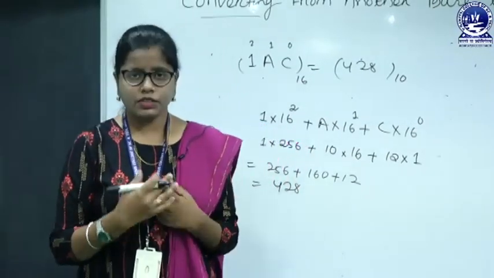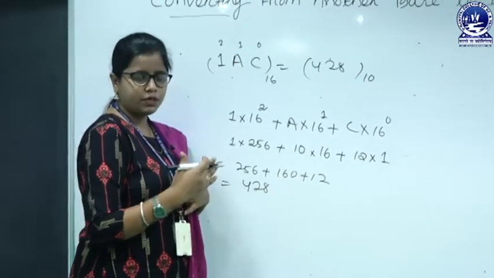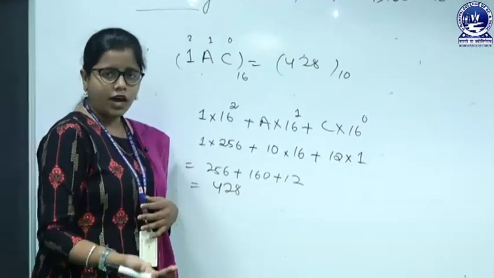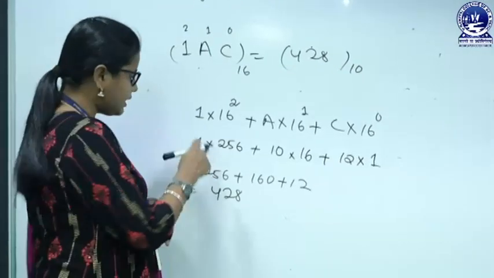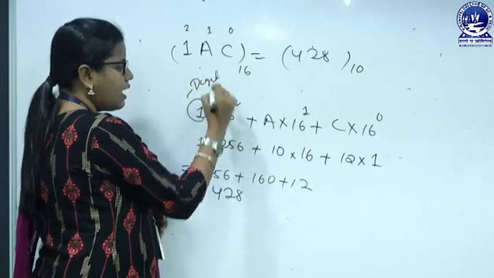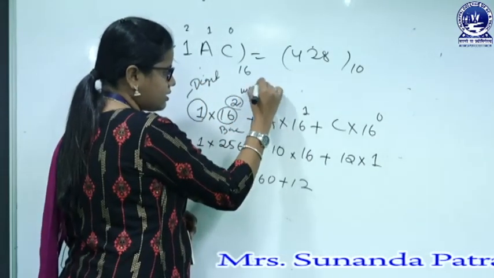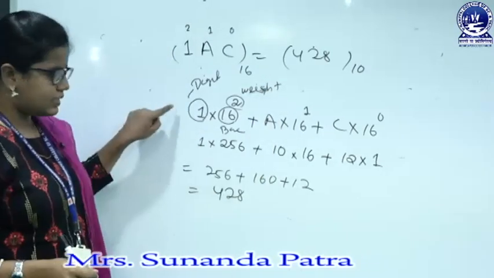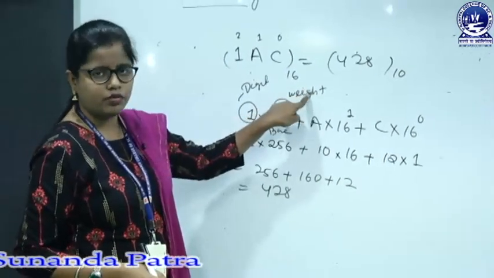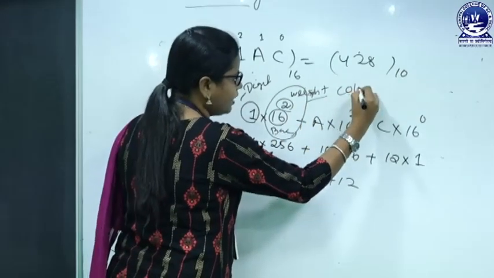What we are actually doing is taking the sum of the products, and how do we get that product? This one is our digit, this is the base and this is the weight. So the digit into base to the power weightage is actually the column value.